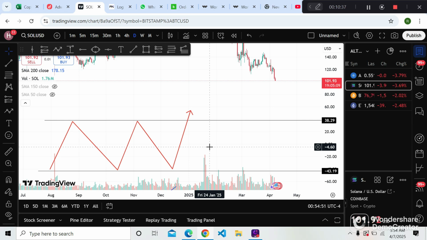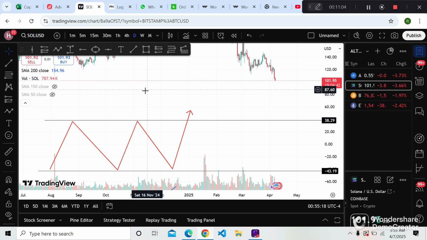Let's say price breaks out, causes a fake move, maybe a wick immediately after the breakout, and comes back down before breaking out for real. That signals a stronger setup. So let's say price breaks out of this level with a candlestick and forms a wick, then another candlestick breaks out strongly out of this level.